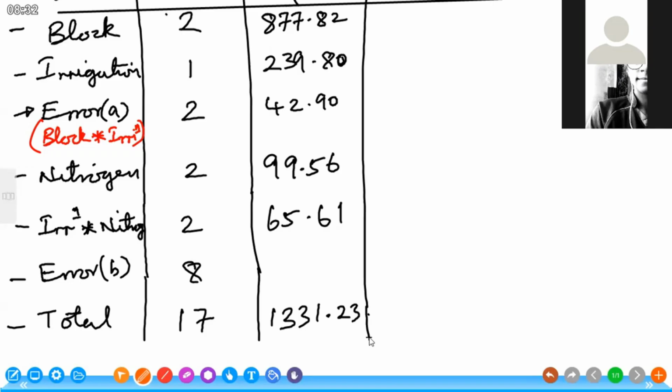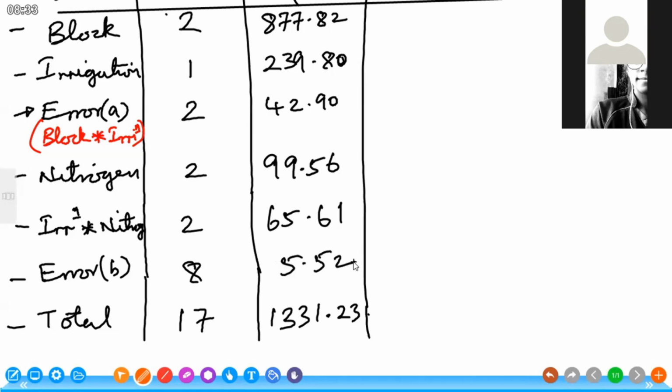Now what is the error term? 5.52. Okay, good. We will keep this as the correct answer.